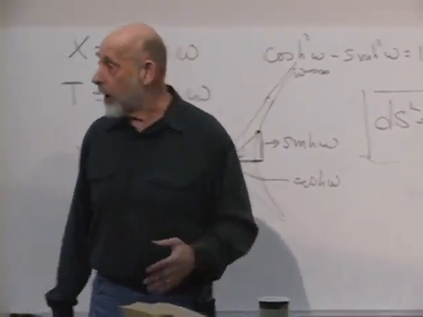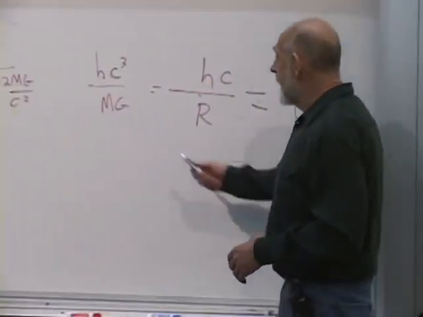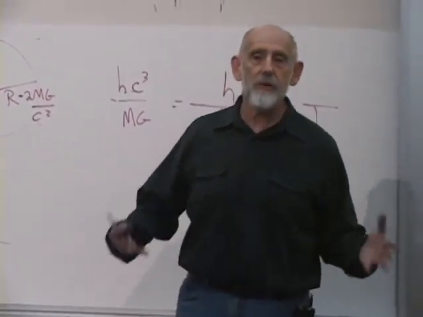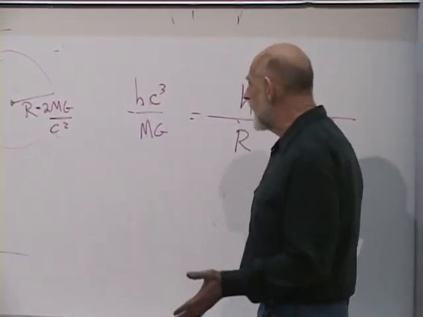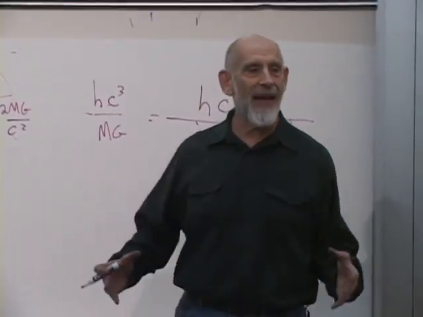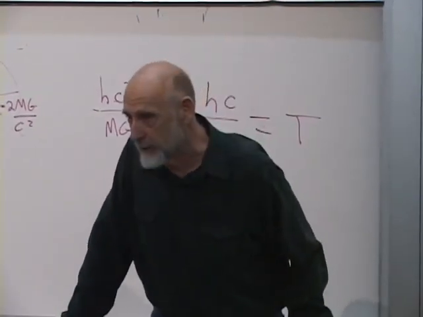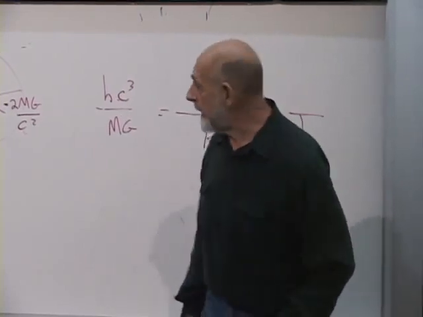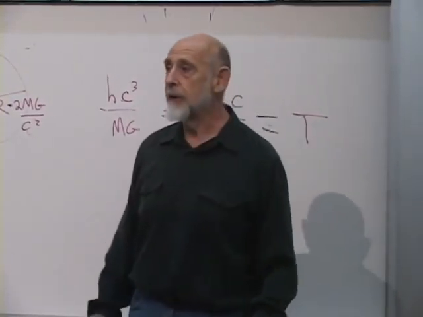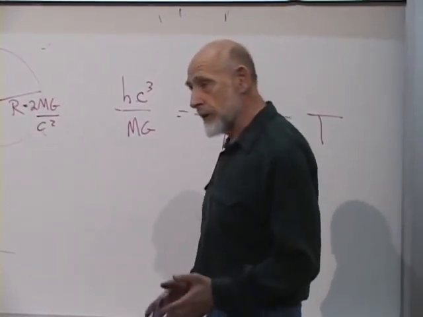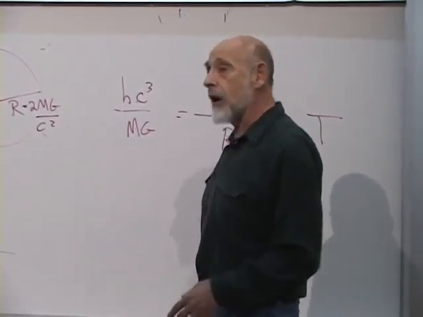Now that's a little bit odd for the following reason. Mass is energy, E equals mc squared. So energy and mass are the same thing. You're used to the idea that when you add energy to something, it gets hotter. A black hole gets cooler when you add energy to it. The bigger its mass, the cooler it is. That's got an odd consequence.